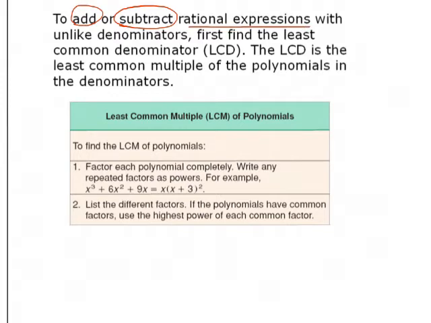If I have rational expressions with unlike denominators, it is really important for us to find a common denominator, or I could say a least common denominator. The LCM will be that least common denominator. Alright, so let's give a few a try.